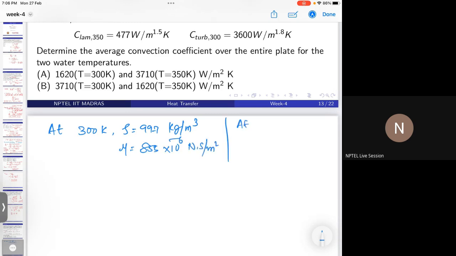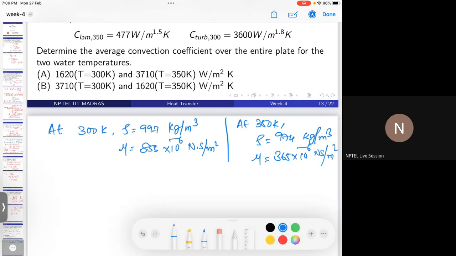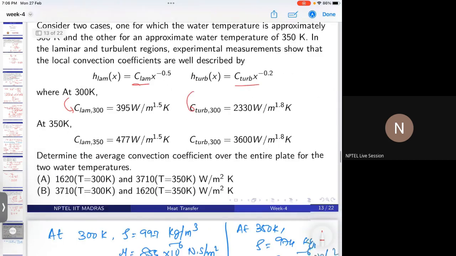And at 350 Kelvin, rho is 974 kilogram per meter cube, and mu is 365 into 10 raised to minus 6 Newton second per meter square. So now you can start solving.